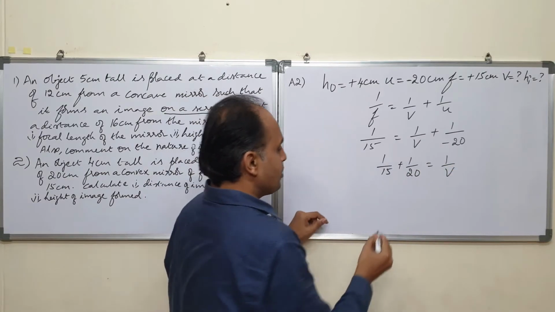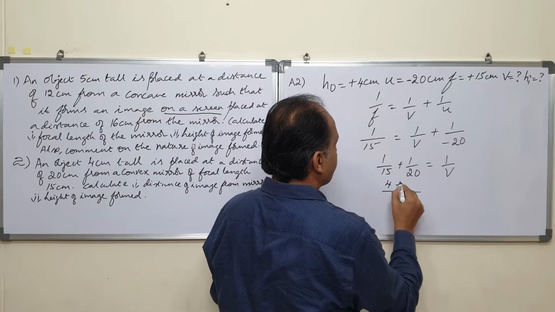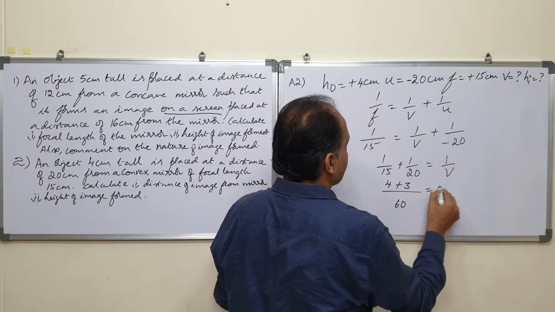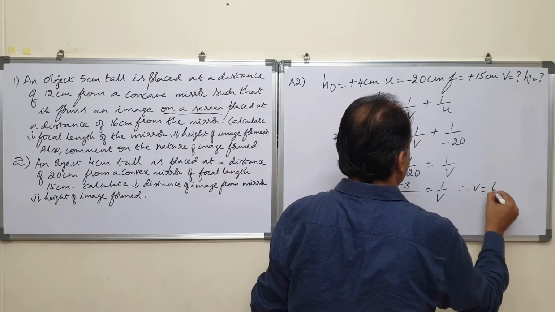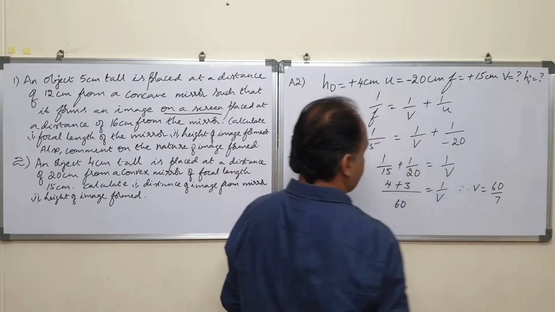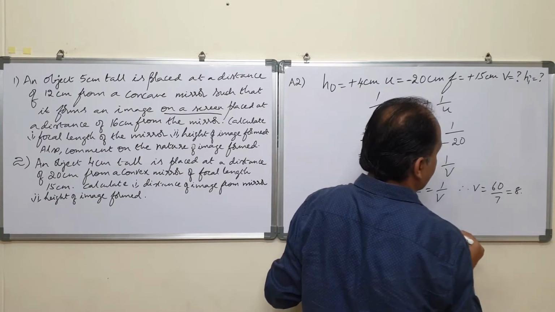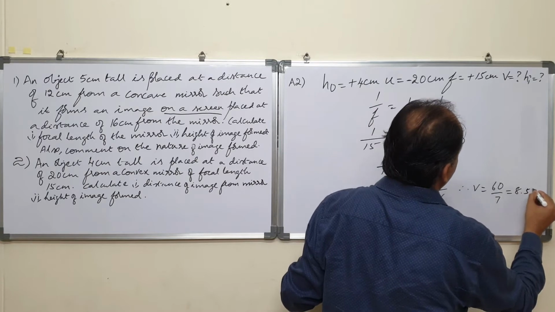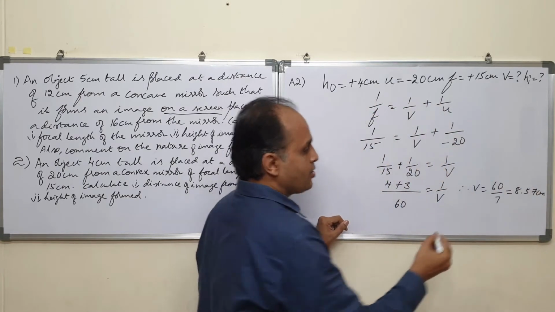Right? So the LCM of 15 and 20 is 60. 4 plus 3, that is equal to 1 by v. Therefore, v is equal to 60 by 7, which is equal to 8.57 centimeters. Which is also positive.